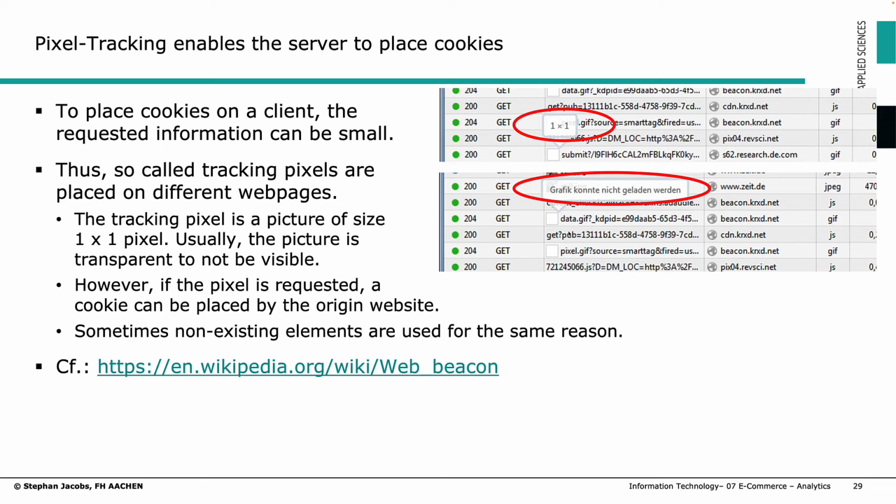And these pixels are simply placed there to enable some companies like Edition.com to place a cookie as well. So if the pixel is requested from, for example, Edition.com, Edition.com will be enabled to place a cookie on your computer as well. This is sometimes called a tracking pixel, and the process is called pixel tracking, and you can have a look at the details, for example, in Wikipedia.